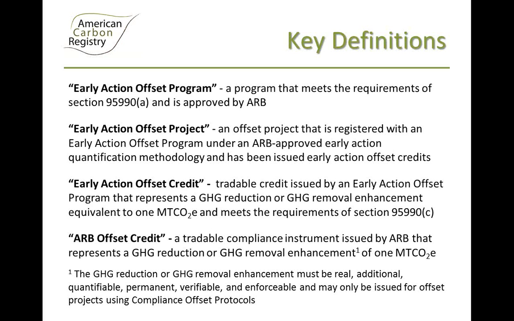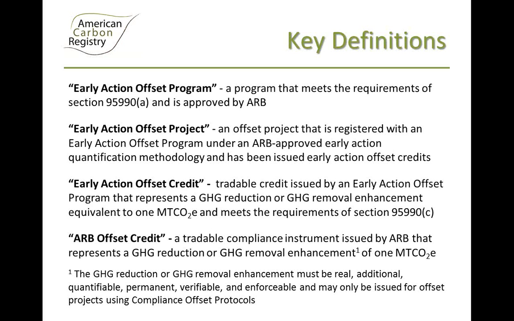And an early action offset credit is a tradable credit that is used by an early action offset program using ARB approved early action quantification methodologies that represent a greenhouse gas reduction or greenhouse gas removal enhancement equivalent to 1 metric ton of carbon dioxide equivalent and meets the requirements of section 95990C of California's cap and trade regulation. Because ACR is an approved early action offset program, we can issue early action offset credits.